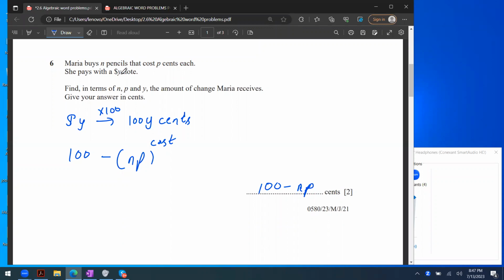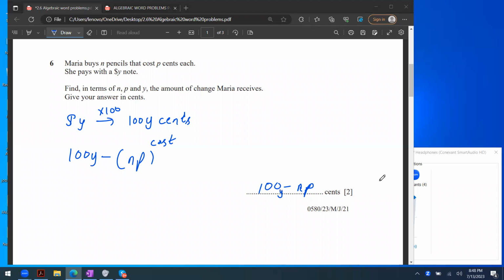A $Y note, we don't know if it is $5, $10, $15, but whichever note it is, to convert it into cents, you multiply by 100. So she gives 100Y cents, and the cashier will deduct the cost of pencils, NP. So 100Y minus NP is the answer.